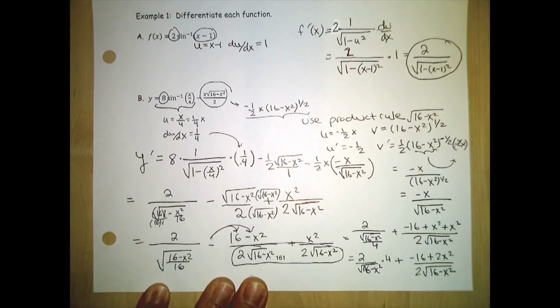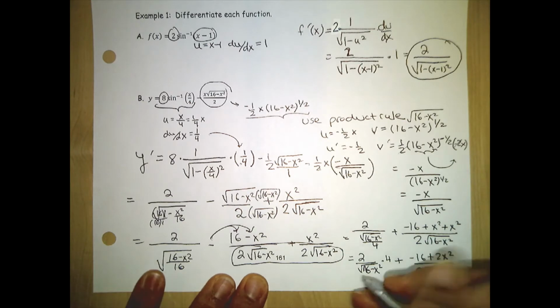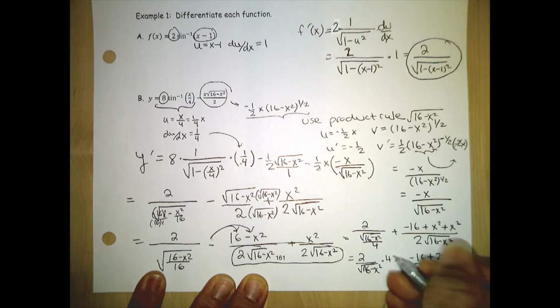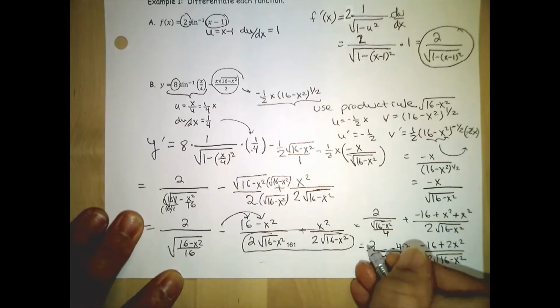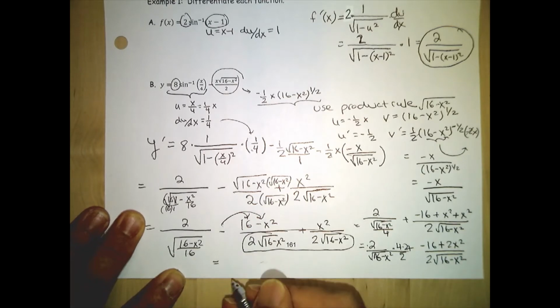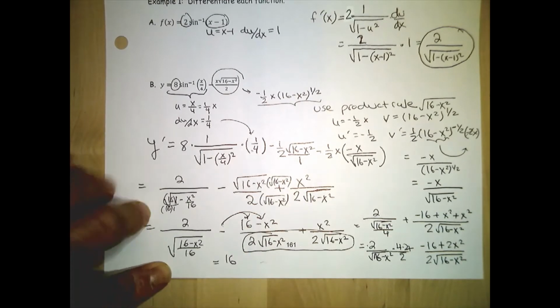All right, now there's lots of ways you can do this, but if I multiply this by another 2 over 2 here, I have a common denominator again. So I have 2 times 4 times 2 is actually 16.